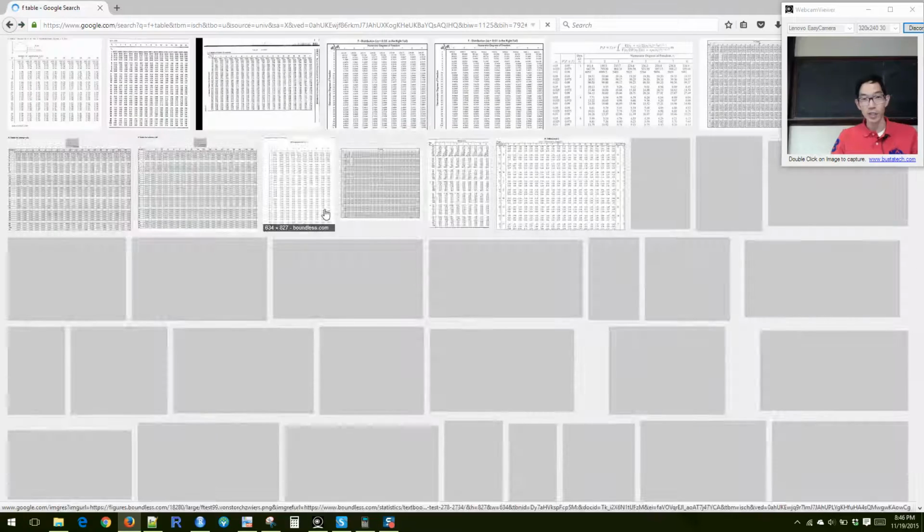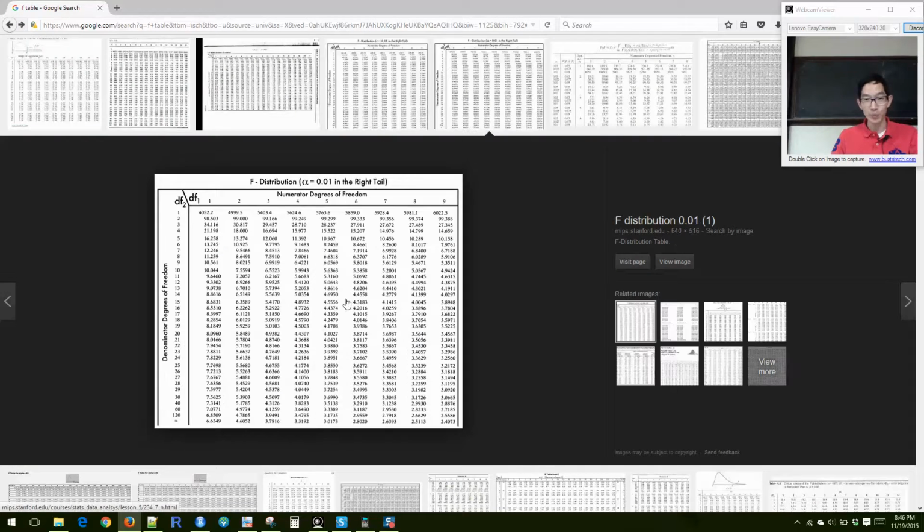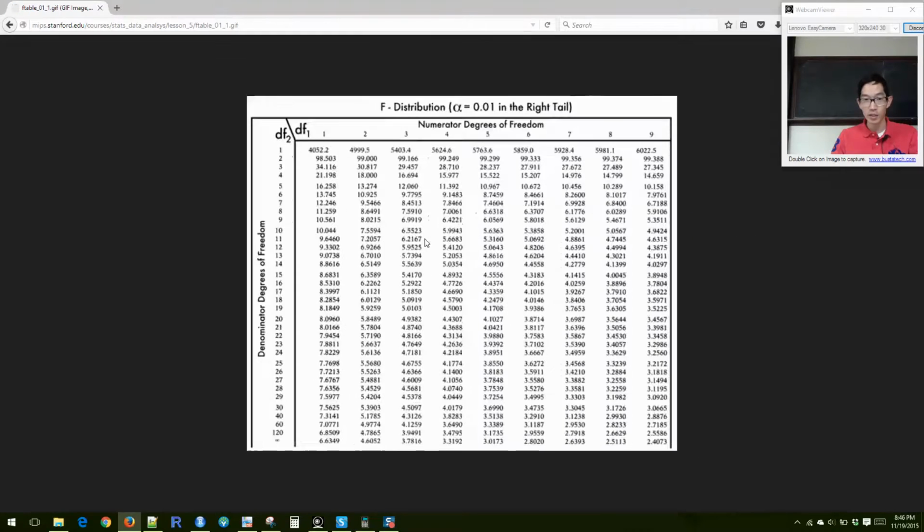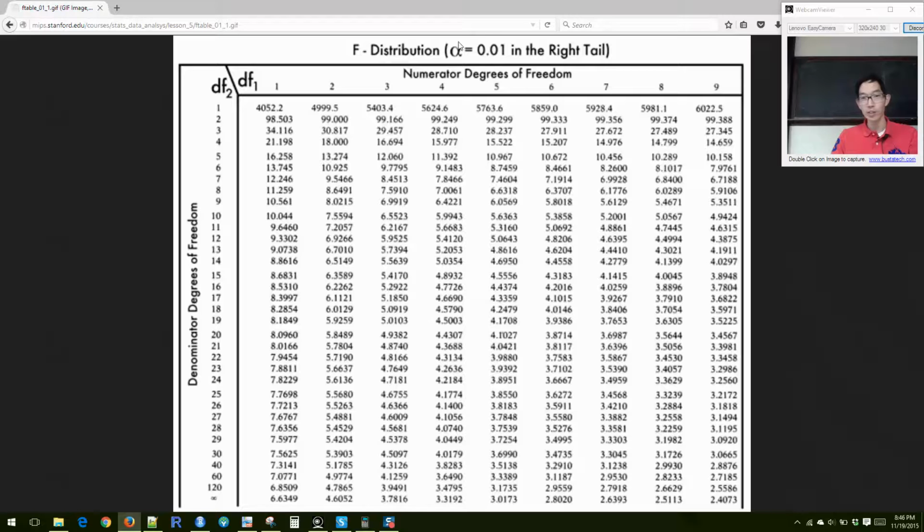Then we could look at this one, same type of thing, and this is with alpha equal to 0.01. With numerator degrees of freedom 2 and denominator degrees of freedom 9, if our F is equal to 5, it's significant at the 5% level, as in the other table, but it's not significant at the 1% level.